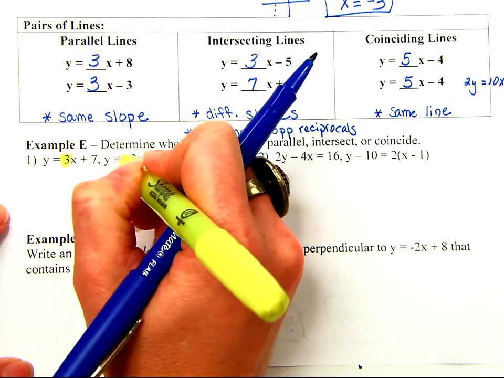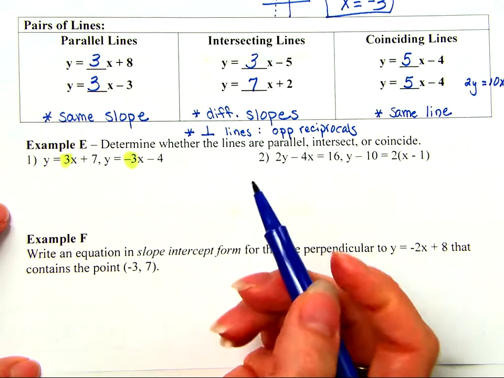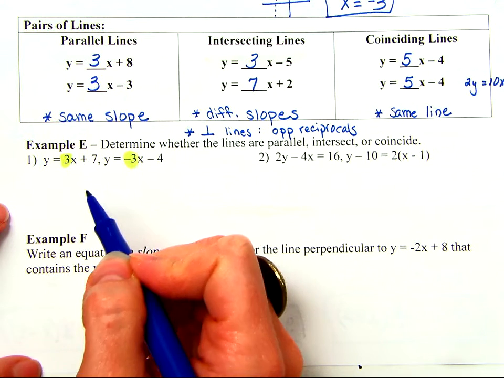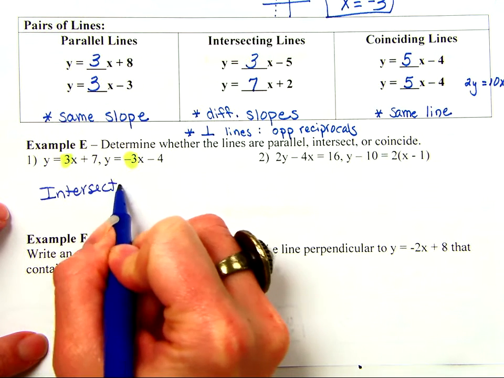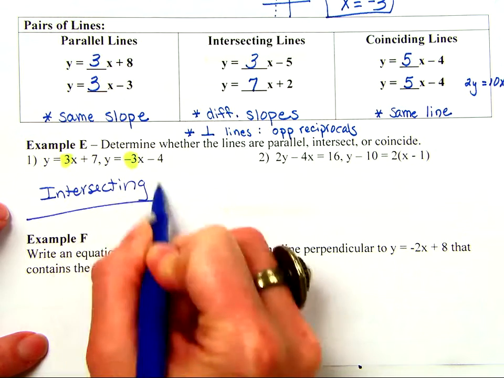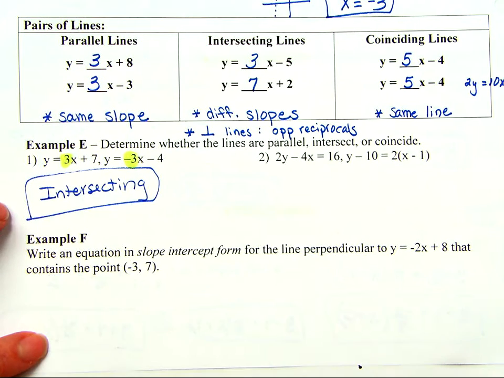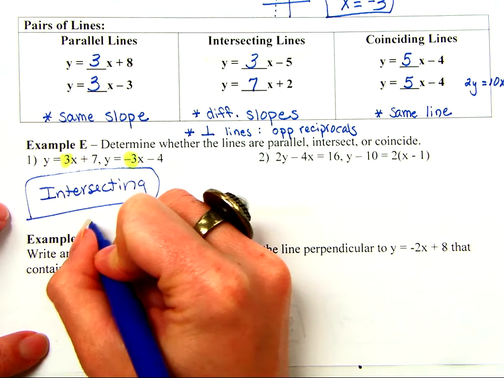The second is y equals negative 3x minus 4. These slopes are not the same, so different slopes, different lines, these are going to be intersecting. Are these lines parallel? No, they're not parallel. Are they perpendicular? No, because 3 and negative 3 are not opposite reciprocals.